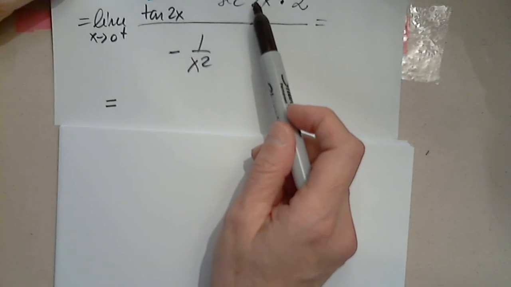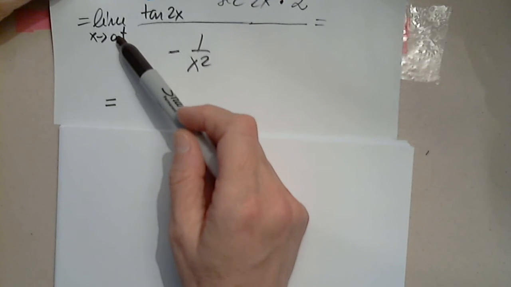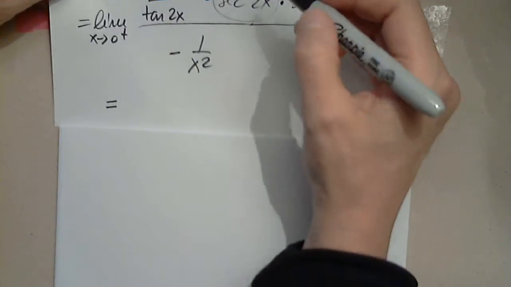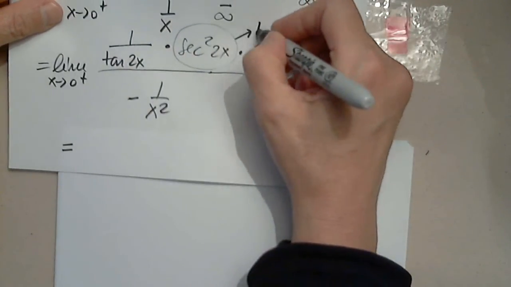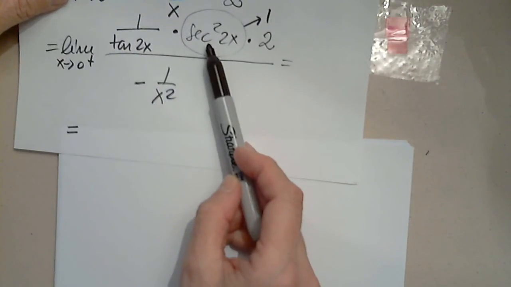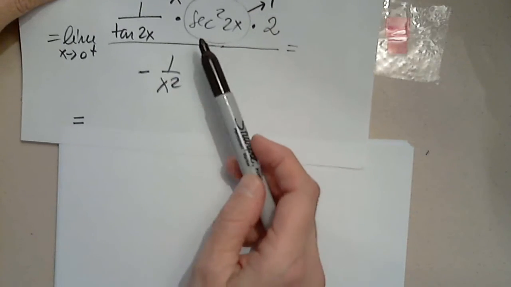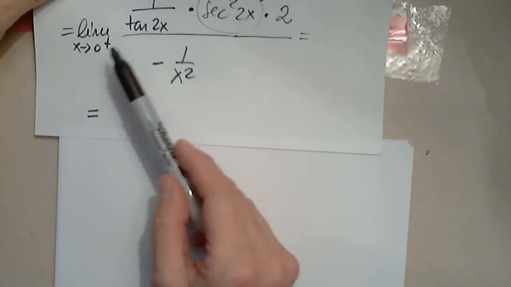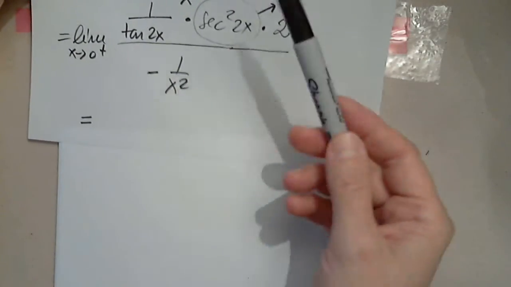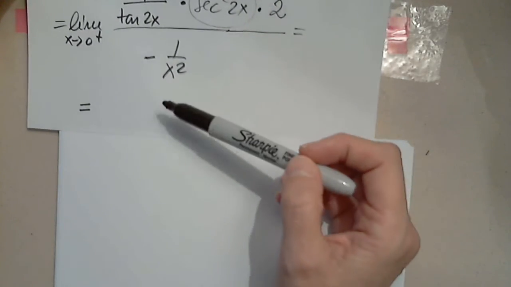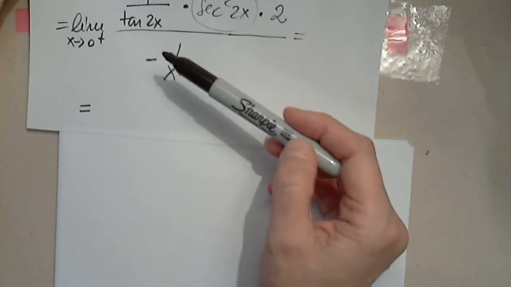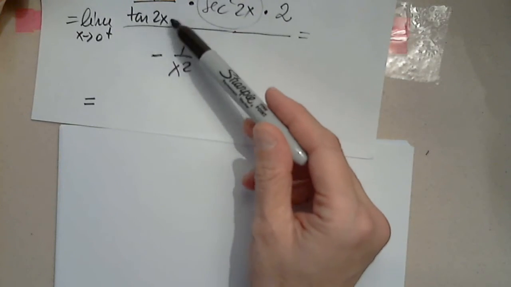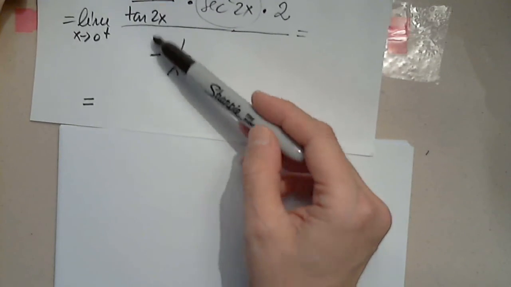Secant is really not a problem when x approaches 0 from the right. This will approach 1, because it's 1 over cosine, or cosine squared, but doesn't matter. So 1 over cosine of 2x when x approaches 0, this will be 1, secant will be 1. That's nice. x squared will go to the numerator, and out of tangent, after I present it as sine squared over cosine squared and flip.